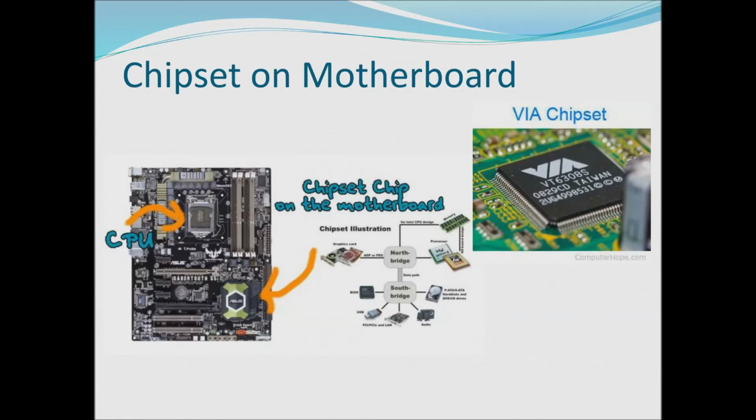Chipsets are usually designed to work with a specific family of microprocessors because it controls communication between the processor and external devices. The chipset plays a crucial role in determining the system performance. So the chipset is the most important component in the motherboard, we can say.